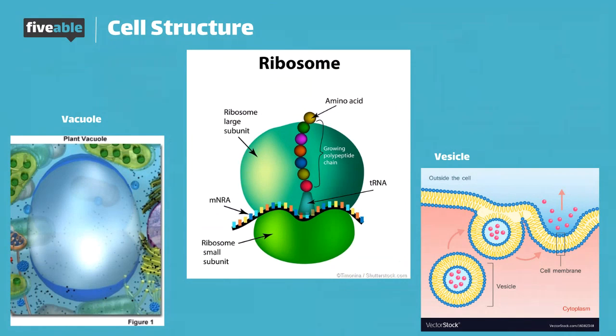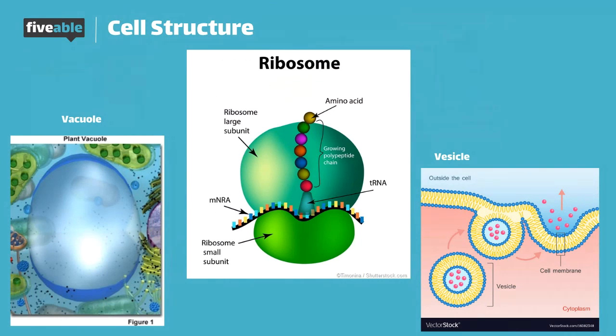This is where mRNA comes and binds, and then tRNA joins up and puts the appropriate amino acid on it. If you're very confused as to what I'm saying right now, we will have a whole lesson on DNA transcription and translation. So just stay tuned.